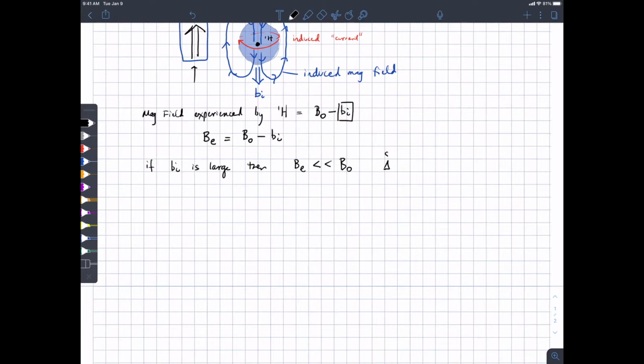This means a smaller delta E, a lower resonance frequency, and therefore a lower chemical shift. So protons that are in electron-rich environments are said to be shielded, like the electrons are shielding the proton from the full effect of the magnetic field.